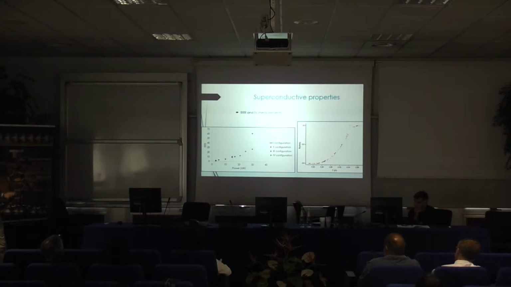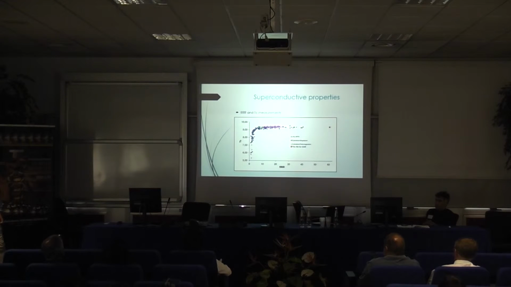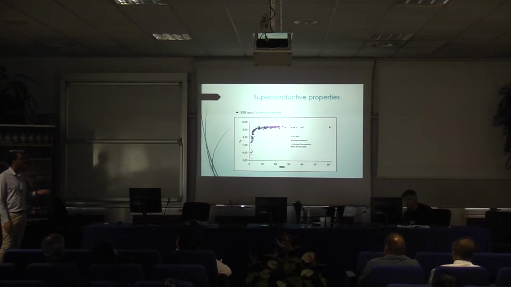That's a sample located on the external conductor, and the transition was around 9.3 K. So that's a very good result that we got in our lab. That's a plot of the Tc against the RRR, and we got 61 in this position of RRR.